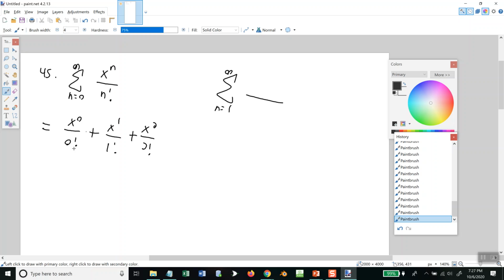Now I'm starting at 1 instead of 0, but I need a 0 factorial here because it has to be the same. So what could I replace the n with? n minus 1? Because if I put n equals 1 in there, 1 minus 1 is 0, and I have my original 0 factorial.